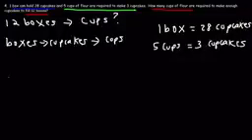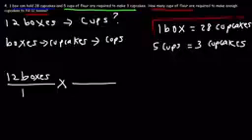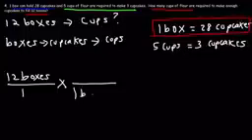So let's begin. Let's start with what we're given. We're given 12 boxes. We're going to put that over 1. And then we're going to convert from boxes to cupcakes. So we need to use this conversion factor. So 1 box can hold 28 cupcakes.